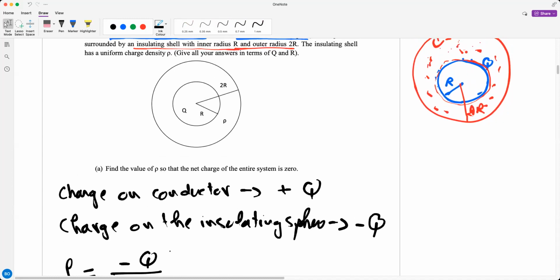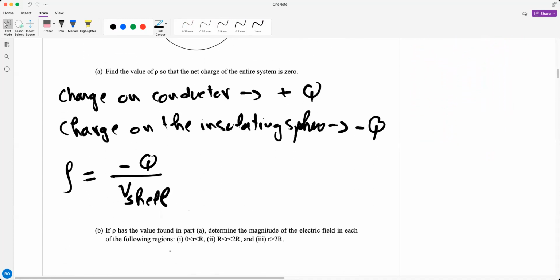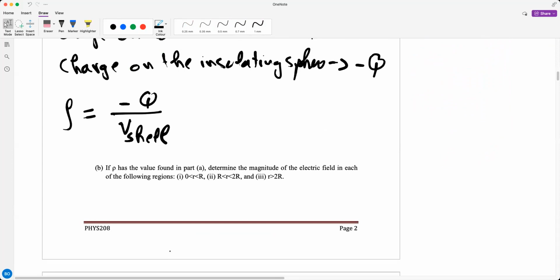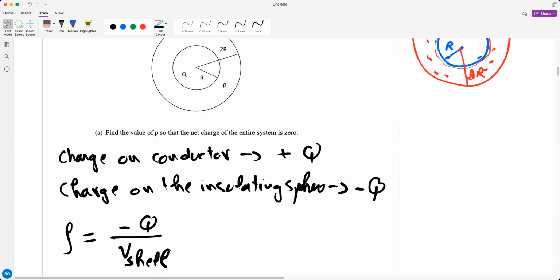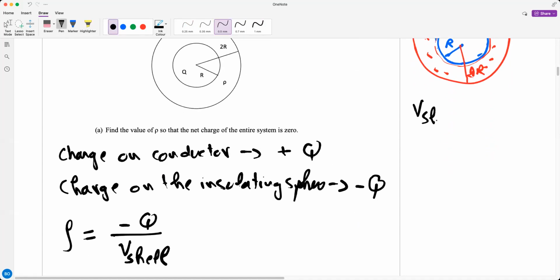So what is the volume of the shell? Well, the volume of the shell is this. So, the volume I will write here. The volume of the shell is the volume of the red shell, the donut.